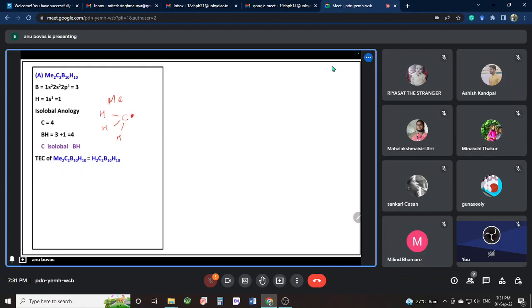So CH3, which is Me, is a one electron donor. CH3 can be replaced with hydrogen because this will help in getting the formula in the form of BnHn. So that's why we are replacing it. We can replace it with hydrogen, and since Me2 is present, we can replace Me2 with H2. C2B10H10.